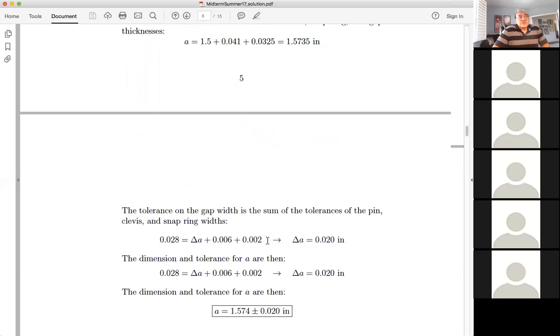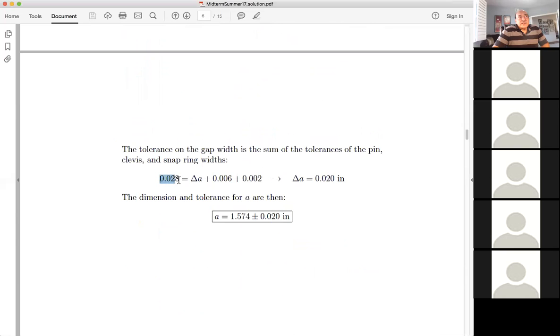And then what we do is that the gap is the difference between A and all of the other two, but the tolerance is going to be the sum of all of the tolerances because it is controlled by statistics of independent random variables. And the independent random variables are for the pin and for the clevis and for the snap ring. And this way we can determine the tolerance in the pin.